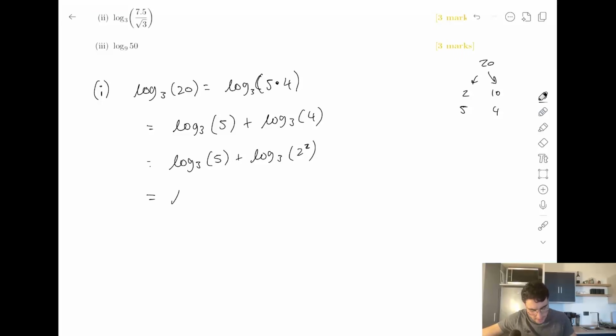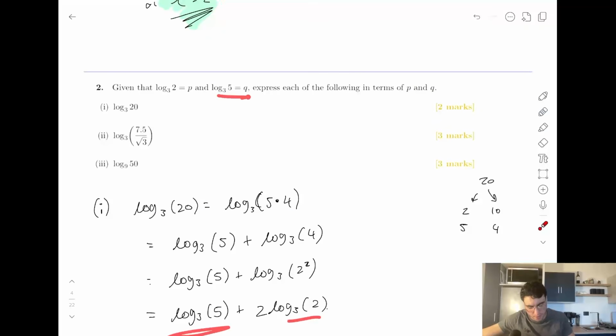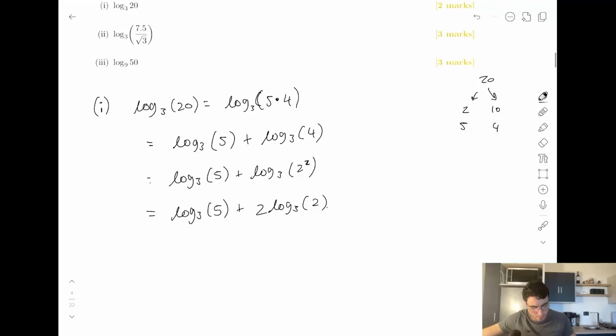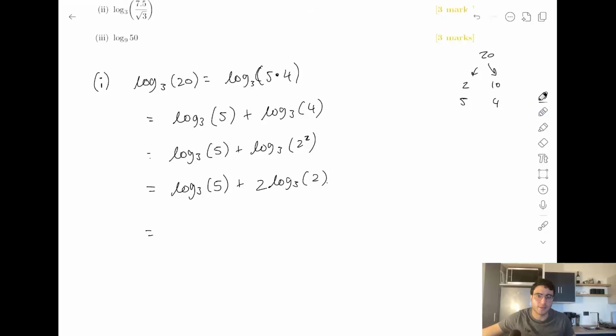Which means that we have log base 3 of 5 plus 2 log base 3 of 2. And now we're going to ask ourselves, what's log base 3 of 5 and log base 3 of 2? Log base 3 of 5 is Q. Log base 3 of 2 is P. So therefore, what we get is Q plus 2P. That's your answer for number I.